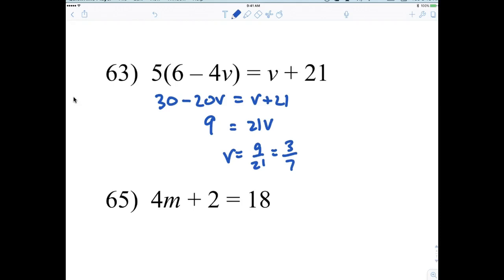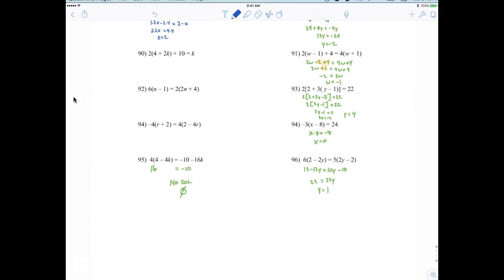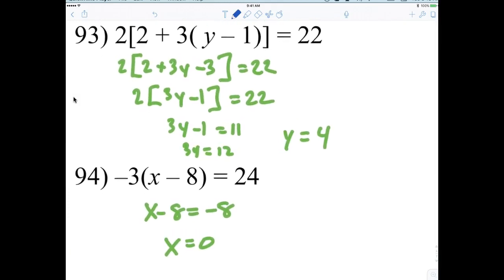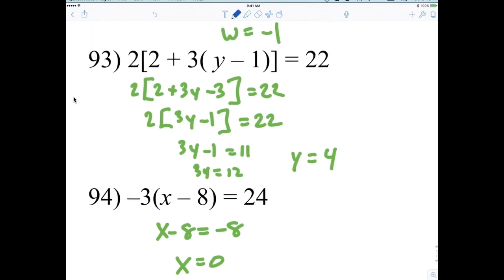Yes, Luca. Number 93. That's all right. Here we go, 93. Let's look at my notes real quick on that. I distributed first, so I multiplied 3 times y and 3 times 1, and that's where I ended up with 3y minus 3.